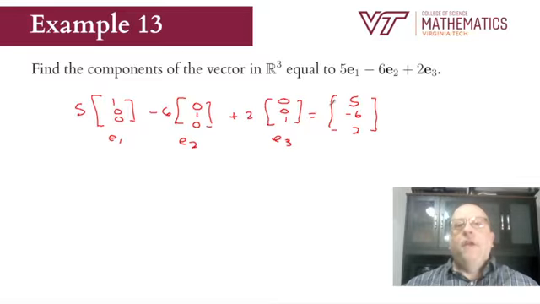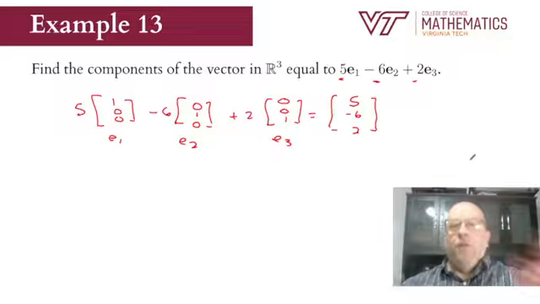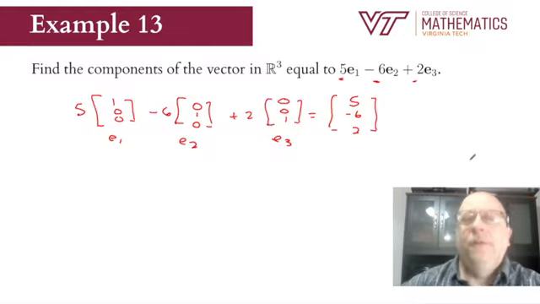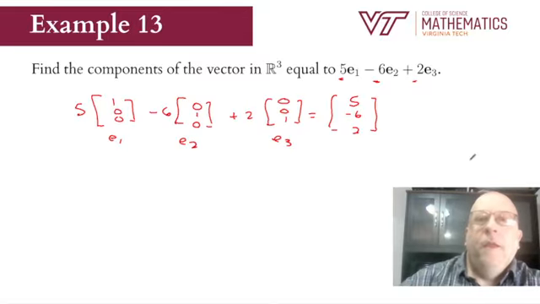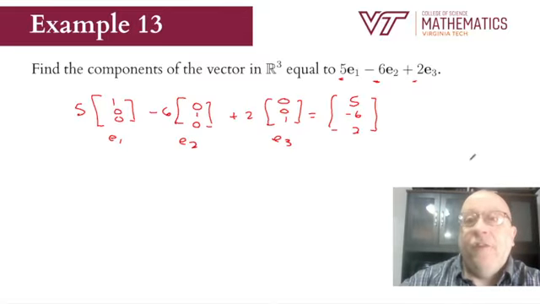And so the components just turn out to be the same as the weights, 5 and negative 6 and 2. The standard basis vectors just let me take the weights and write them directly into a vector and not really have to do any calculations. We can do the calculations, which is what I did here, but after a while you just say that's 5, negative 6, 2.